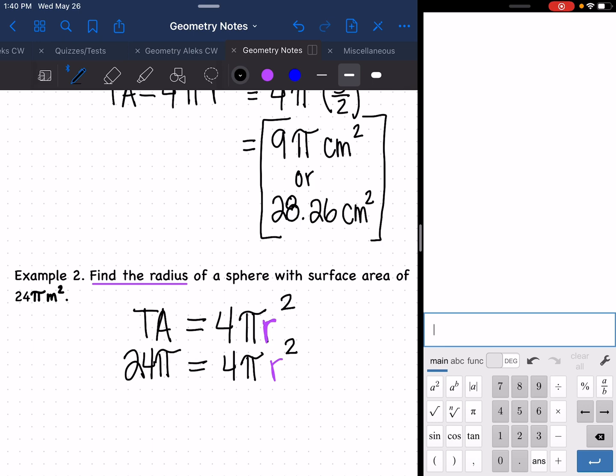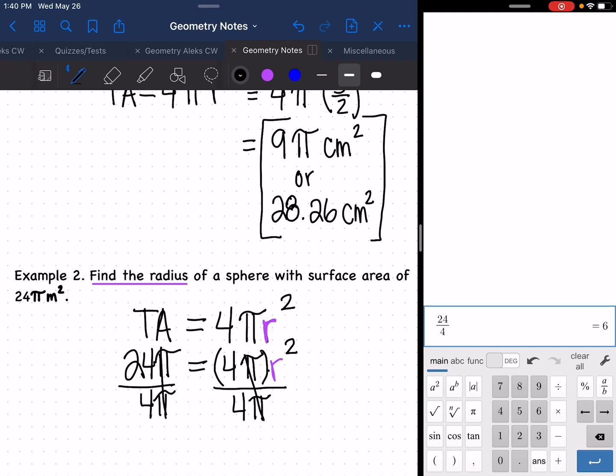Now, what I can do is I can think of this as a number being multiplied by the radius. So I'm going to go ahead and divide both sides by 4 pi. This way the pi's cancel out on both sides, and I just have 24 divided by 4, which is 6.